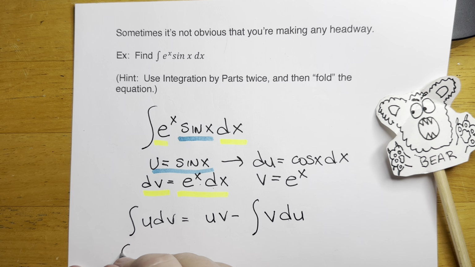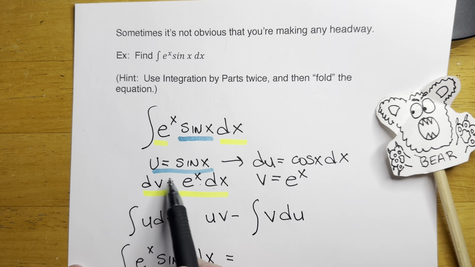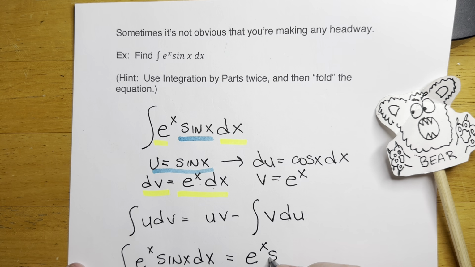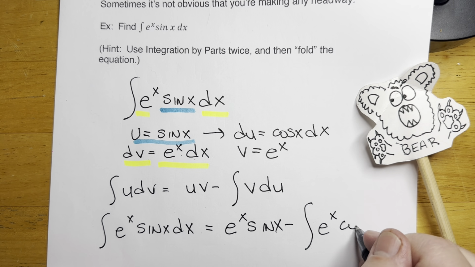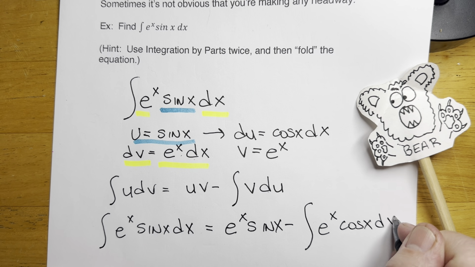So the integral of e to the x sine of x dx is equal to, and then we're going to use the catty corner ones, the u and the v, e to the x sine of x, minus, and then we use these two, the new ones, e to the x cosine of x dx. Okay, are you with me so far?